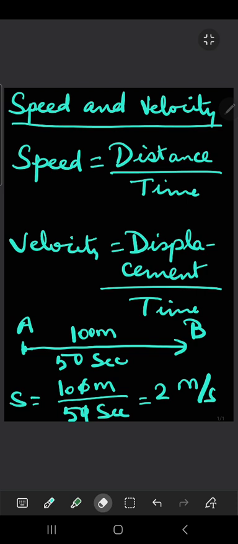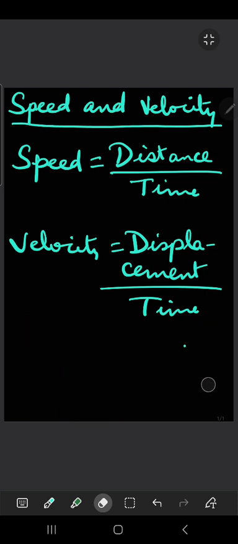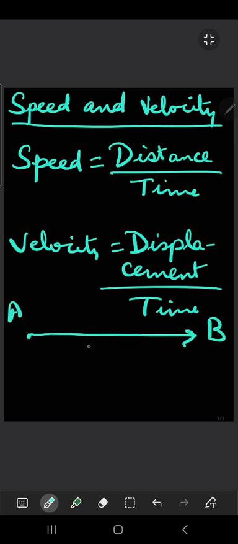But if we talk about velocity in this case, so if a person is starting from A and reaching this B and covers a distance of 100 meter in 50 seconds, then what about the velocity? So first we have to find out what is the displacement of the object.